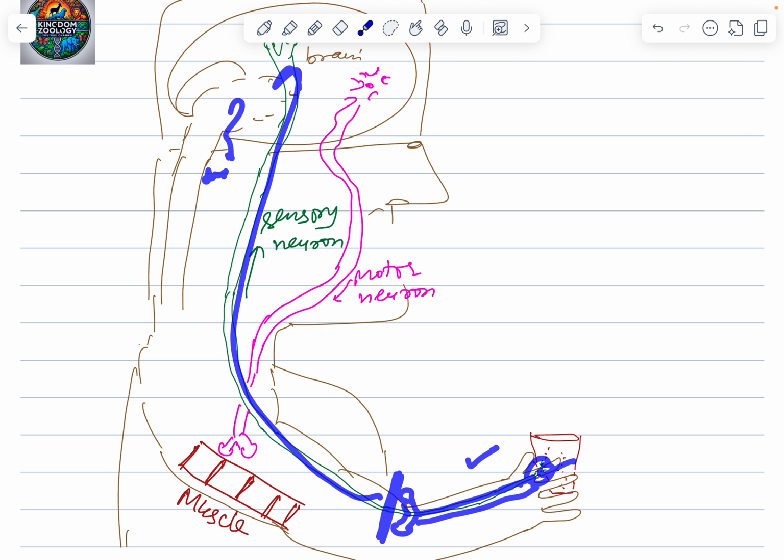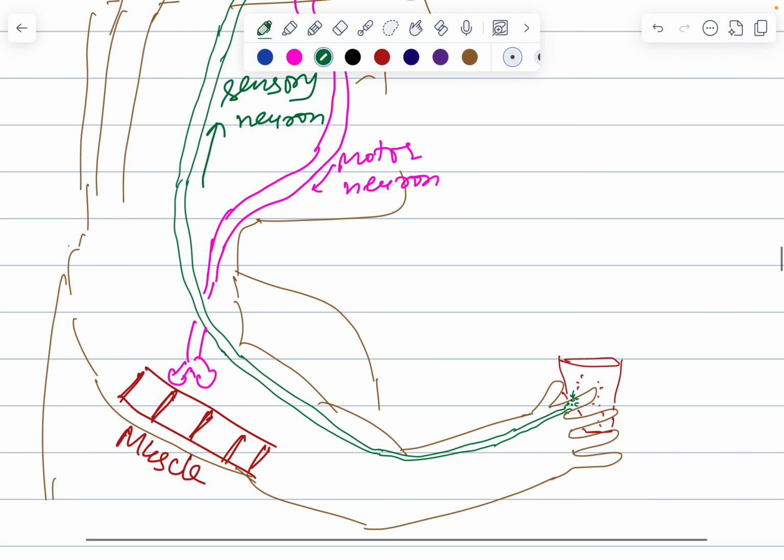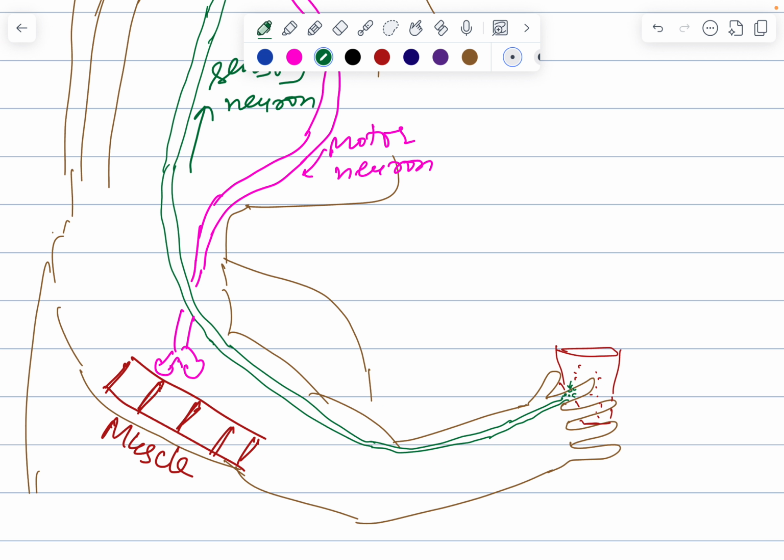For example, if I am sitting in one corner of the room and the electric socket is in the other corner and my charging wire is not that long, what do you think I should use now? Extension wires. So let's say there is a sensory neuron arising from one of your fingers, but this sensory neuron finishes over here.